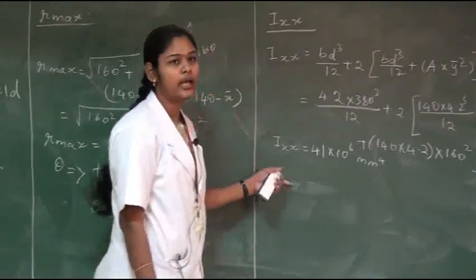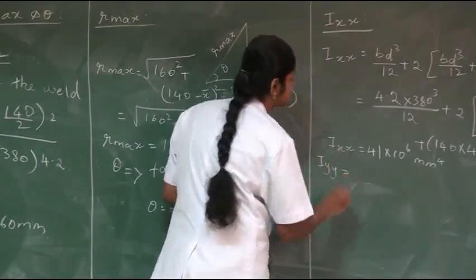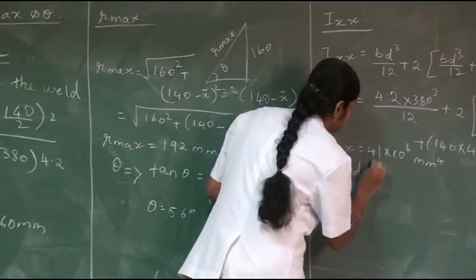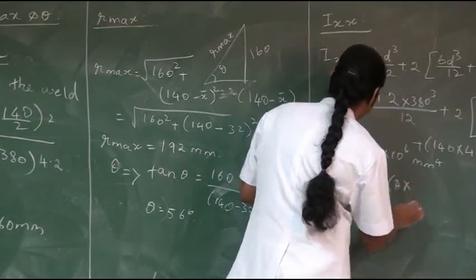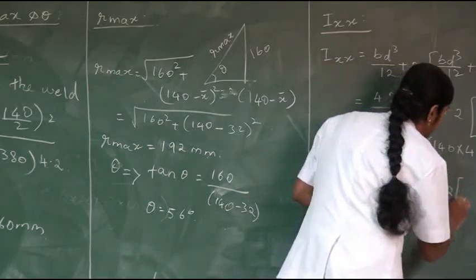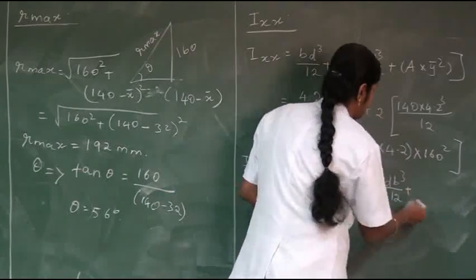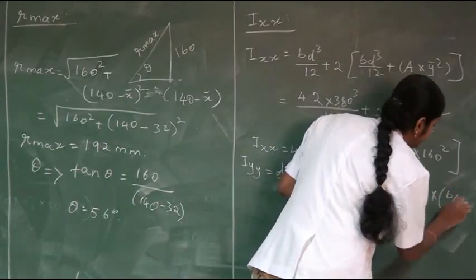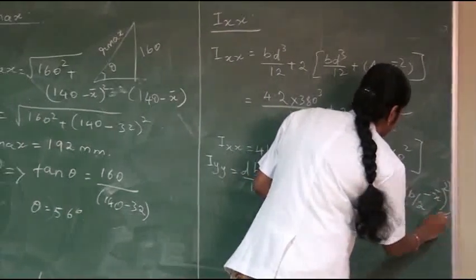Then we have to calculate Iyy. For Iyy, it is unsymmetrical, so you have to use the formula DB cubed by 12 plus area into X bar squared, plus 2 into DB cubed divided by 12 plus area into (B divided by 2 minus X bar) whole squared.